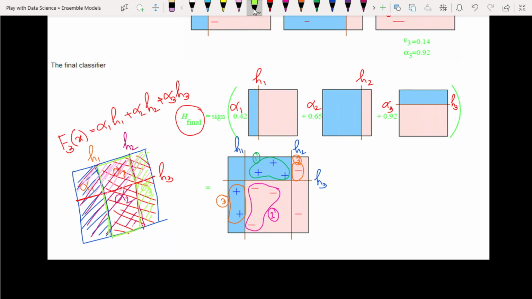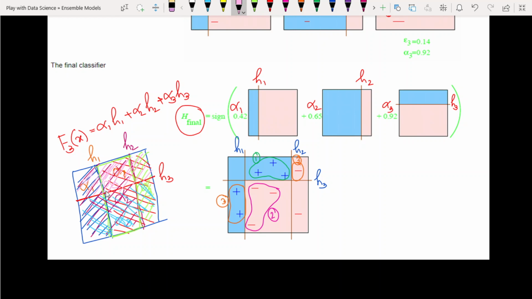Okay, this color, alpha 3, alpha 3, and this alpha 3.